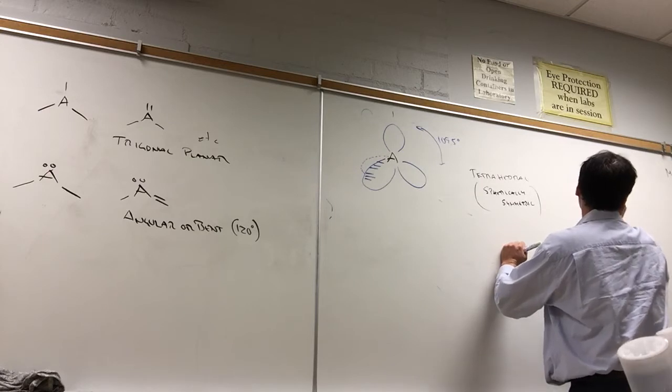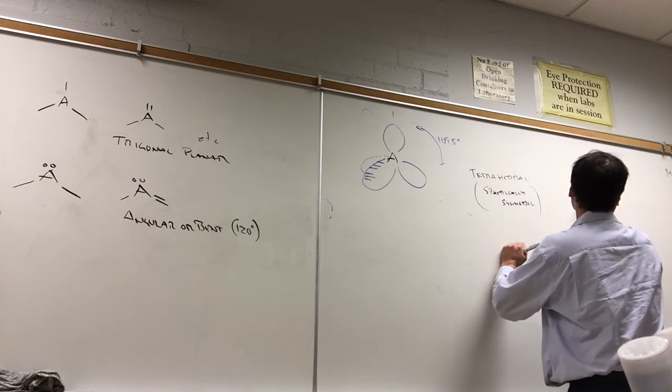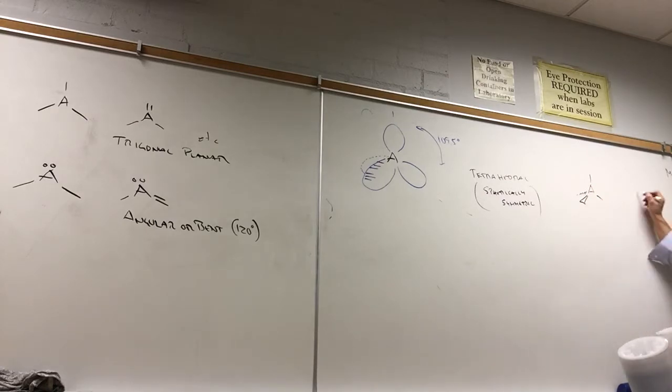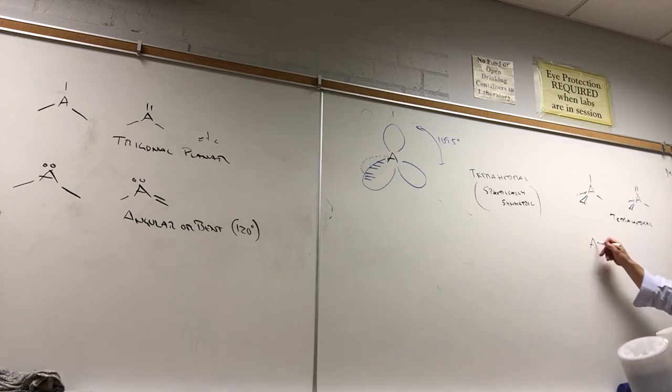And so if we have four single bonds, we write them like this. We could have a double bond too. We'll throw in a double bond and three single bonds. And that happens. This would be an expanded octet. This would be tetrahedral as well. But sometimes we don't, like in ammonia. In ammonia, we have one lone pair and three hydrogens. This would be like ammonia.